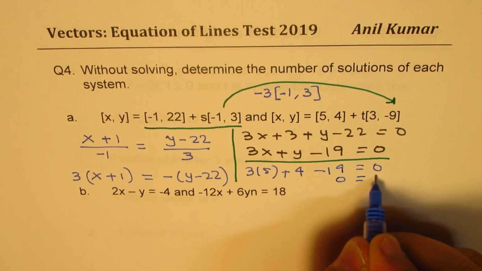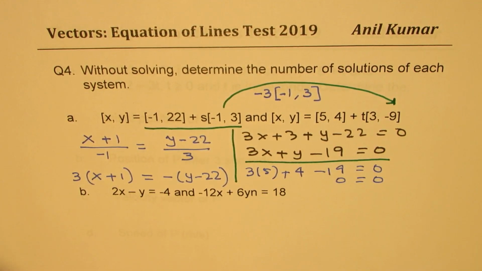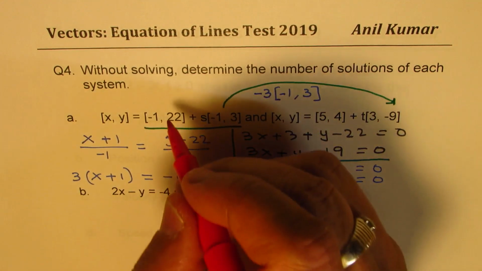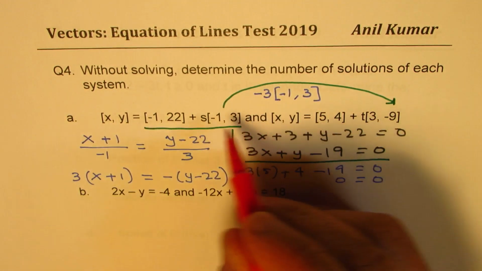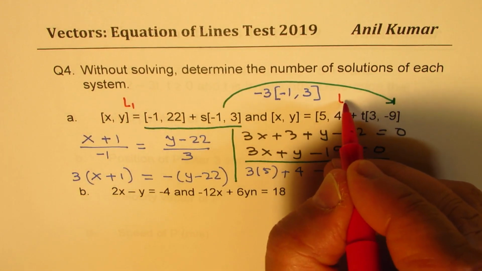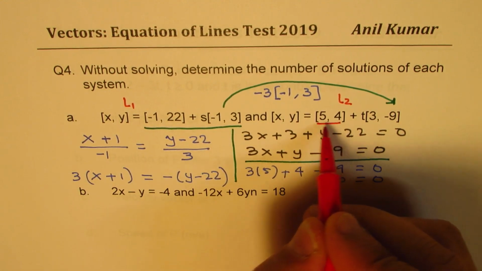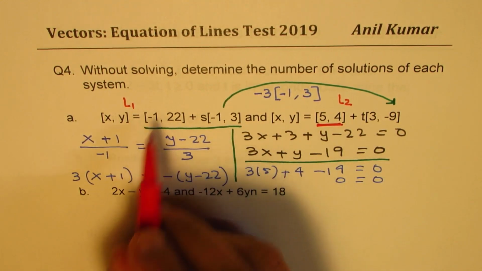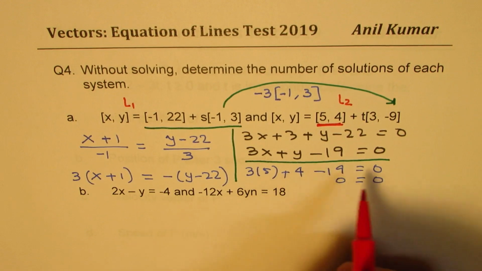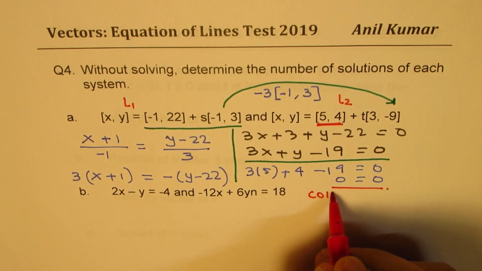It does give us 0 equals 0. So the point lies, right? So that means the point (5, 4) lies on line L1. So this is line L1, this is line L2. So we have just shown that the point (5, 4) lies on L1. That means they are coincident.